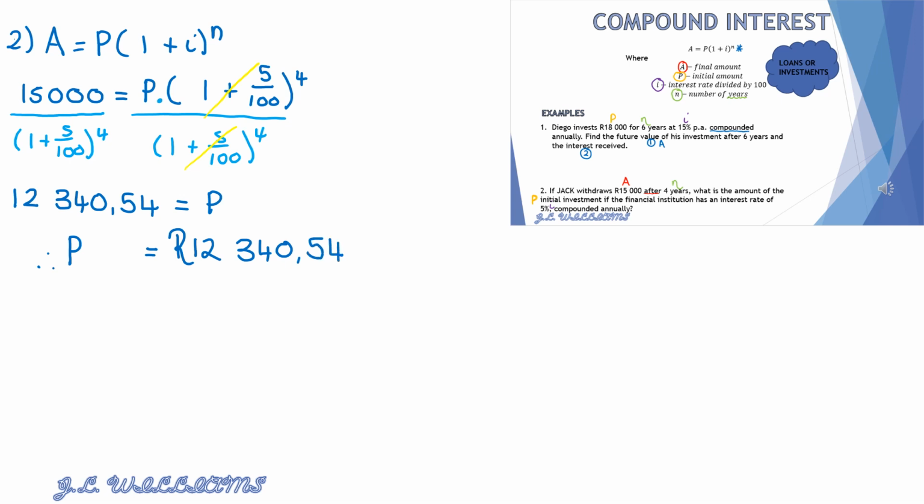So again, we used our formula, and then we found that we needed to get rid of this, and so we divided it on both sides to undo the multiplication. And then after P was isolated, that gave us our final answer of 12,340 Rand 54 cents.